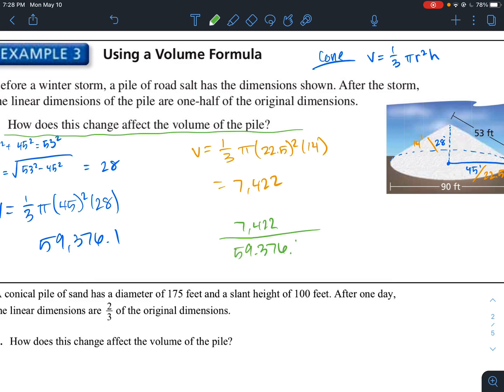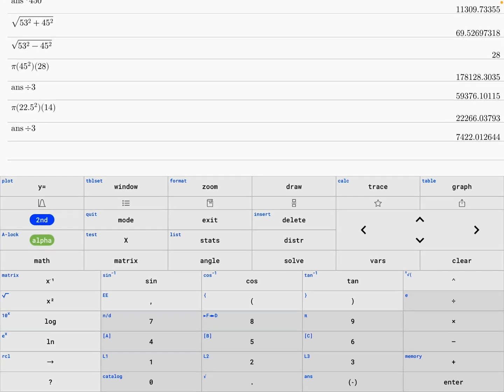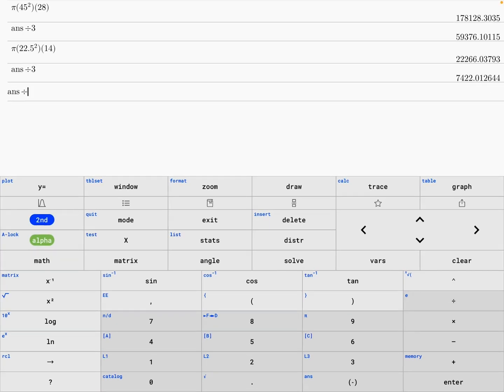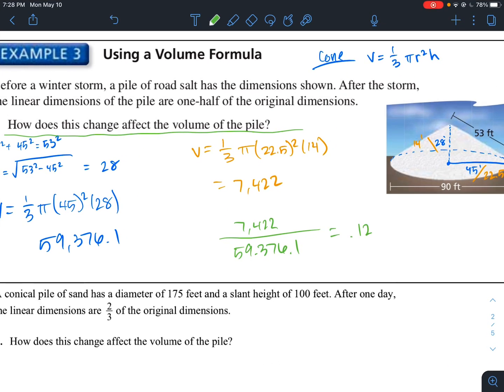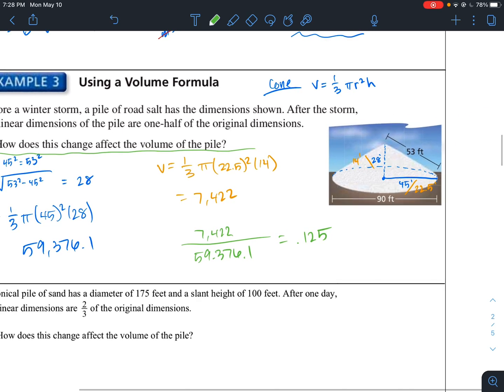59,376.1. Okay, so we take that and we divide that by this value right here, and we get 0.125. So this is the volume of the smaller, this is the volume of the larger.